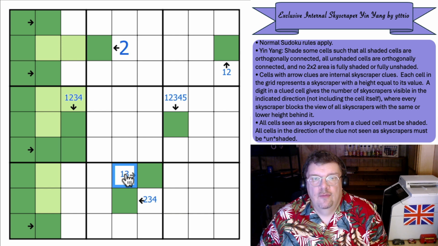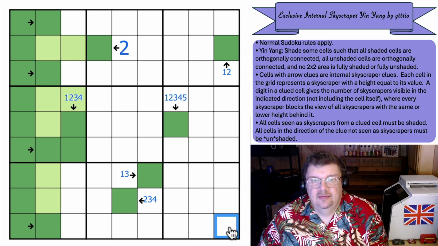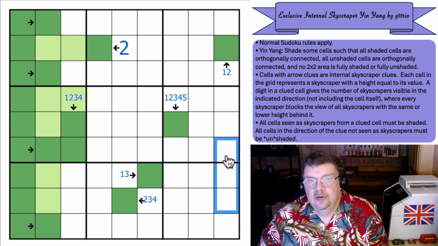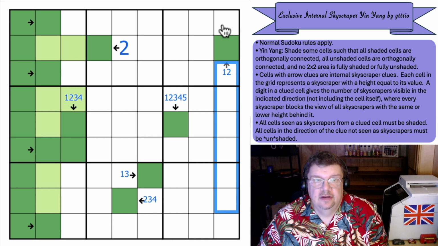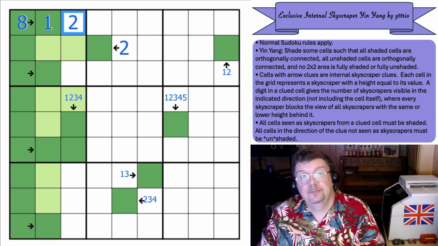If that's a 1, then that's the only shaded cell to its right. Those 3 are unshaded. In particular, that's unshaded, but we've just said that this is shaded. So if that's unshaded and this is shaded, the most we could unshade would be those, and then this would also be shaded, and this would also have to be an 8. This can't be the 8, this is. So we can get this row in.